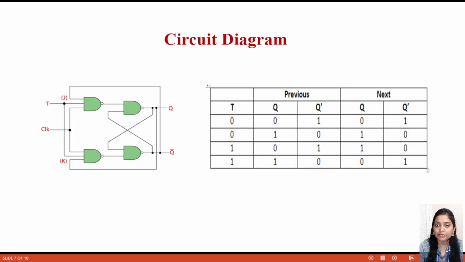So if T is 1 and previously Q equals 0, Q bar equals 1, then the next Q will be the opposite, that means 1, and Q bar equals 0. Same thing, T equals 1, previously it was 1 and 0, now the next output will be Q equals 0 and Q bar equals 1. So this is the main principle of the T flip-flop.